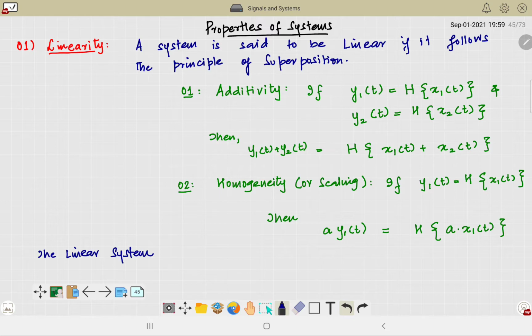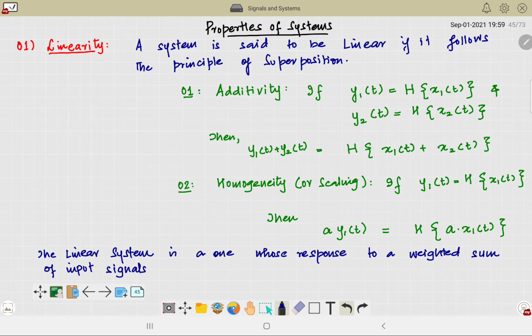So I may write that the linear system is one whose response to a weighted sum of input signals, since we are expressing systems in terms of input and output signals, is equal to the same weighted sum of output signals, right?